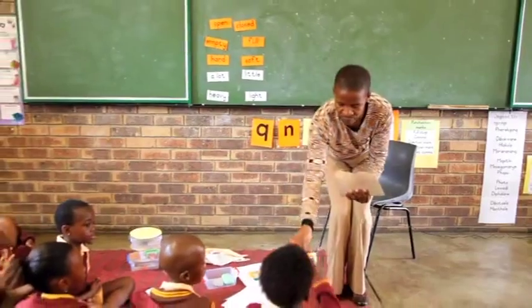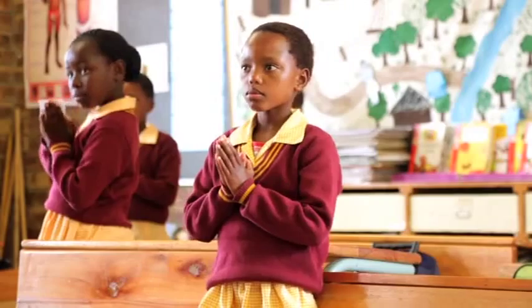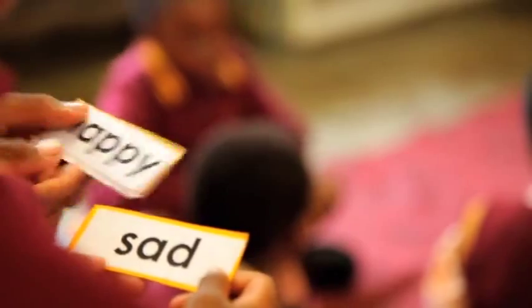I wanted the kids to read the words alone, doing the so-called silent reading. From there, they were supposed to walk around the classroom, searching for the word that matches the one that each child has. When they found their partner, they were asked to come and sit on the mat.